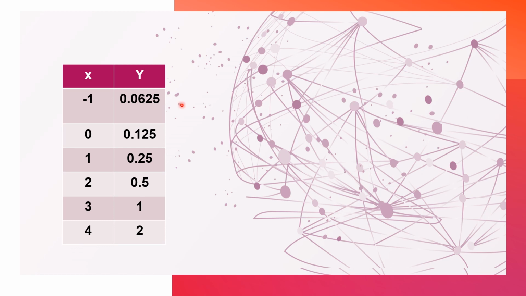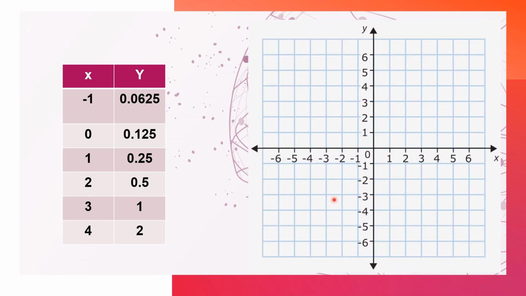Let's have the second table. Again, to sketch the graph, we are going to plot each point using the Cartesian plane. So our first point here is -1, 0.0625. Second point, third point, fourth point, fifth point, and sixth point.